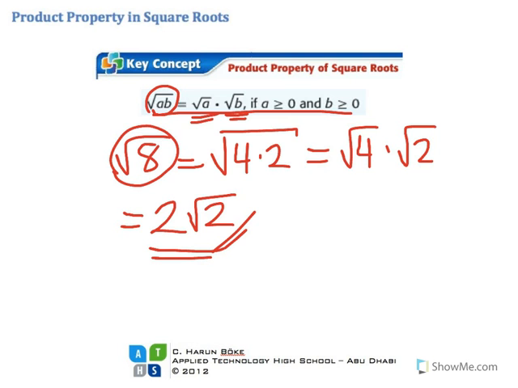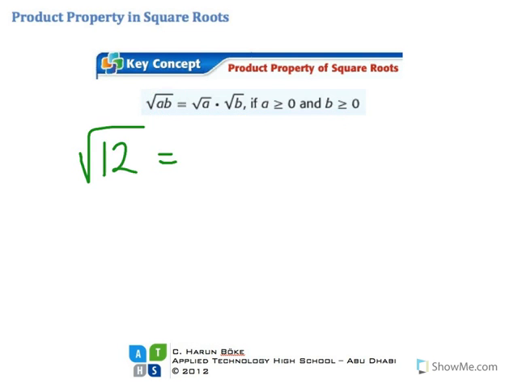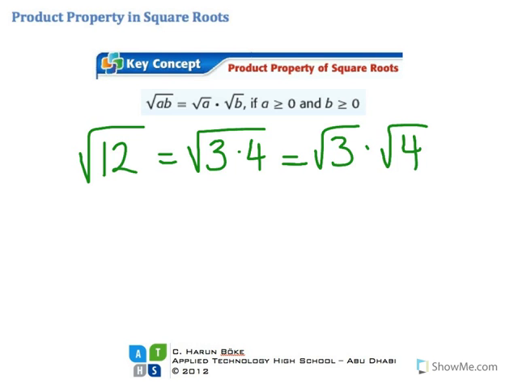Another example, let's look at the square root of 12. Now we can say this as 3 times 4. So we can write it as the square root of 3 times the square root of 4. Again, the square root of 4 is 2. Now let me show how it becomes 2.